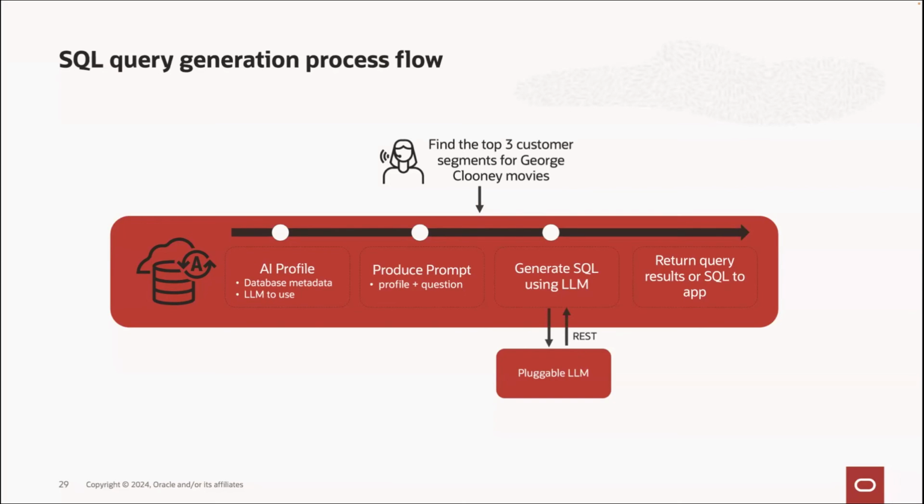The LLM will generate the SQL for you. So the natural language query is passed to an LLM. The LLM is pluggable. You can decide which one to use. And the LLM comes back with the SQL. And depending on what you decided to do, you get the query results back, or you get the SQL that you can send to an app, or you can decide to do something else with the actual SQL.